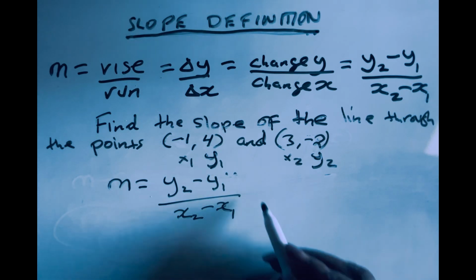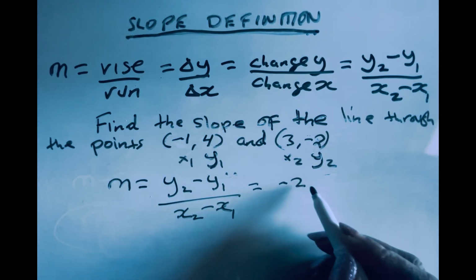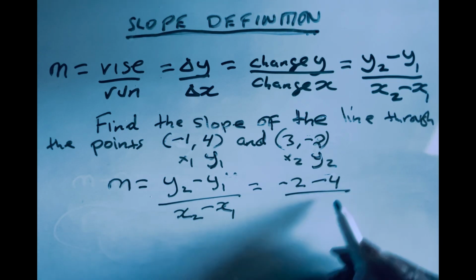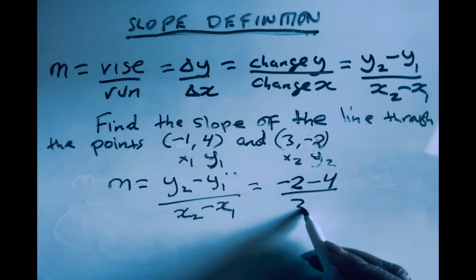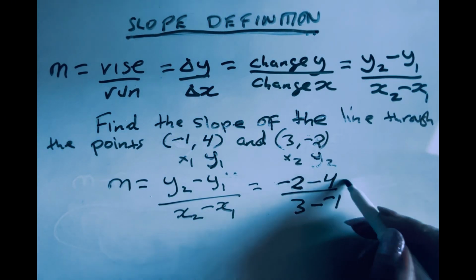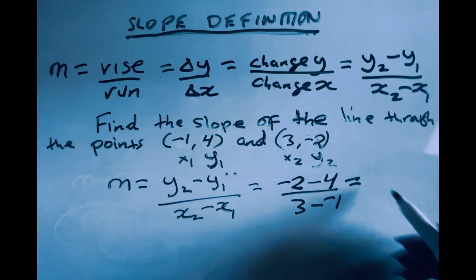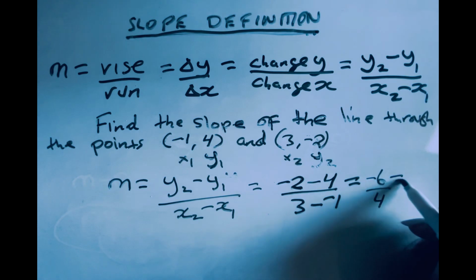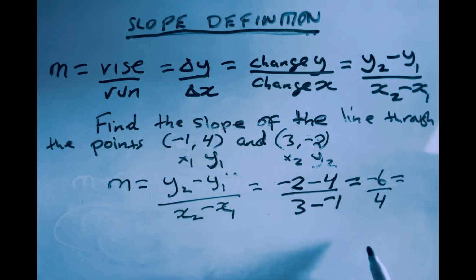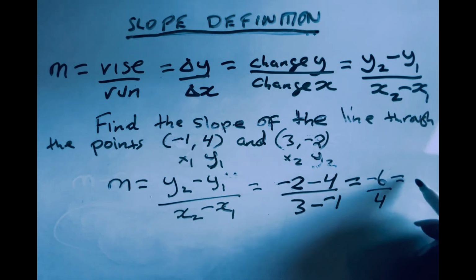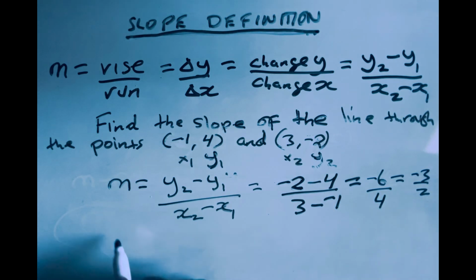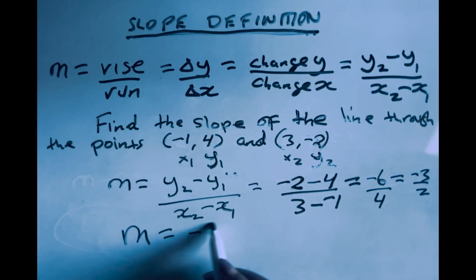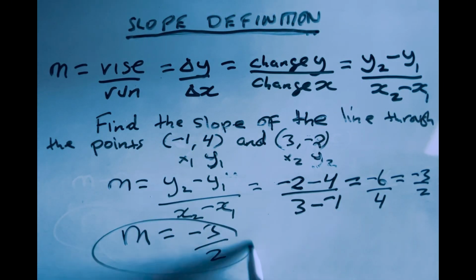Plugging in our numbers, we're going to have -2 minus 4 over 3 minus -1. This will give us -6 over 4. And simplifying this is going to give us -3 over 2. So our slope is -3 over 2.